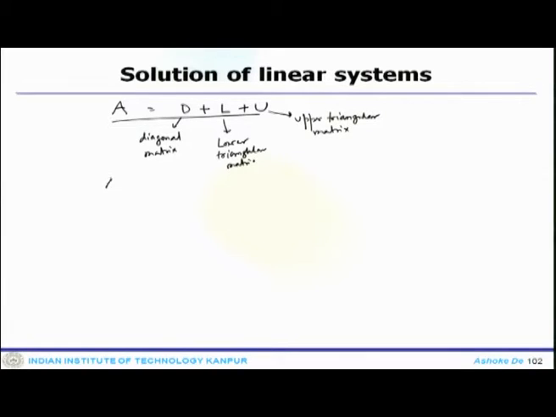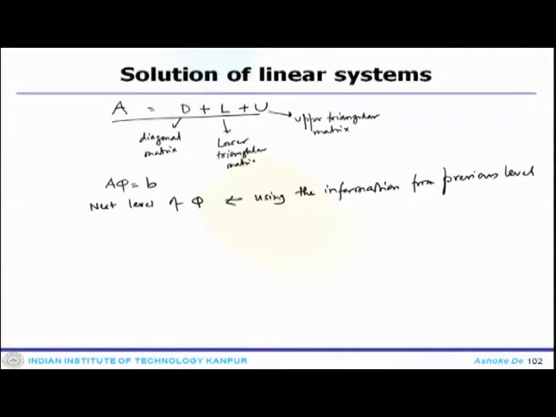Now, when you solve A phi equals B, what you are trying to find out is, going through different iterations, the next level of phi using the information from the previous level.